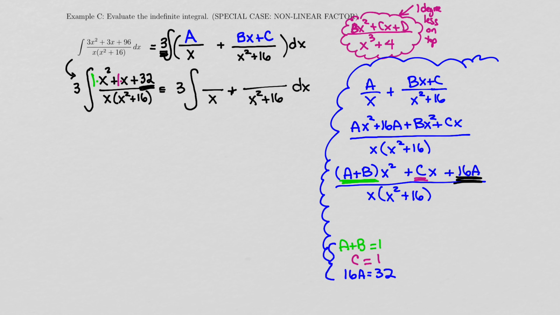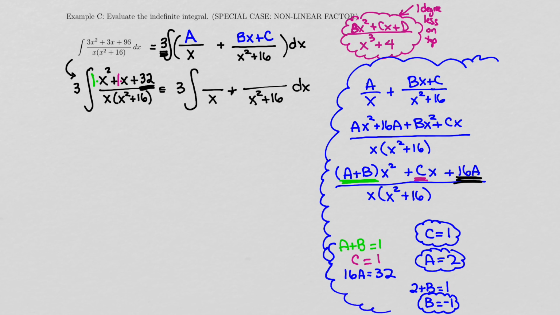I already know what C is, right? C is 1. I know that A has to be 2, and so that's so nice because now I can go in and find B, right? Yeah. So let's put our dummy variables back in, right? A is 2.